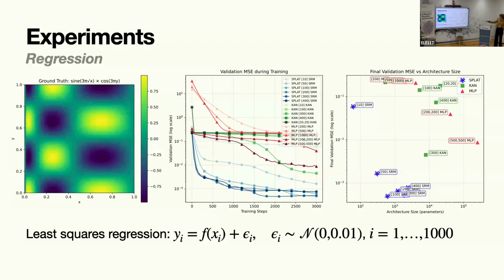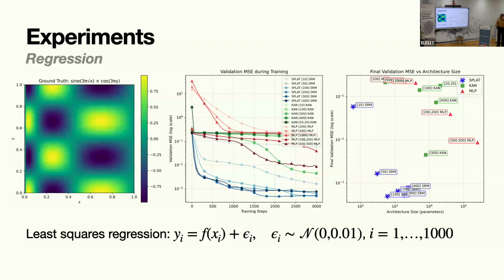So here, the left plot is the target function. The middle plot is the validation loss during training. And the right plot on the x-axis is the architecture size on a log scale. The y-axis is the validation error, also on a log scale. So we're really seeing order of magnitude improvement on these two axes at the same time.